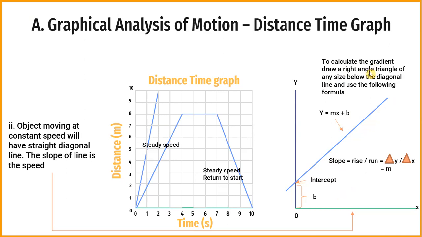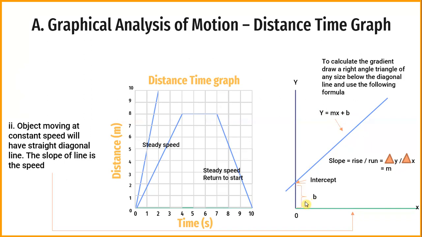To calculate the gradient, we need to draw a right angle triangle of any size below the diagonal line and use the following formula. The slope equals rise divided by run, which is y divided by x, equals m. We use y equals mx plus b.